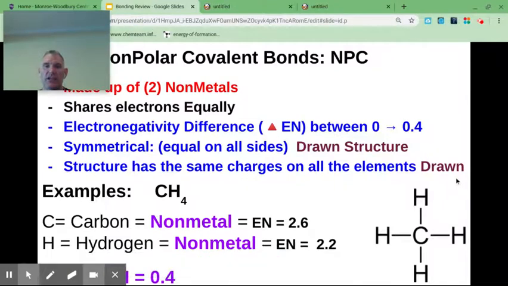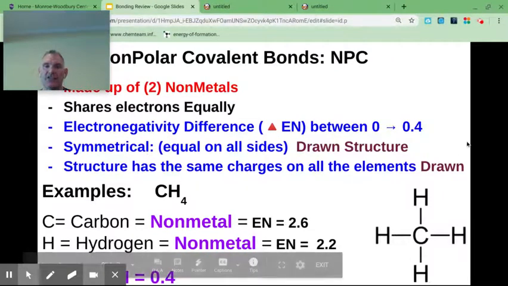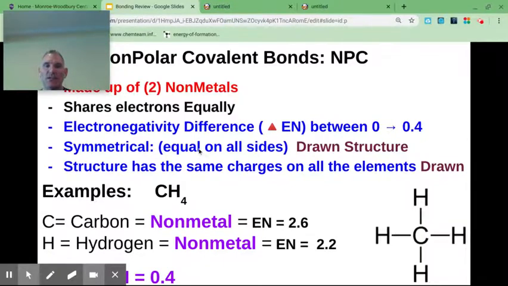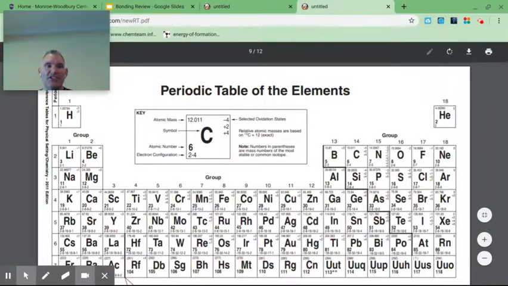Now, if we take a look, notice that all 4 sides of my drawing are equal to each other. That's what makes it symmetrical, right? Now, charges. If I go to my periodic table, remember H has a charge of +1 or -1 in some cases.